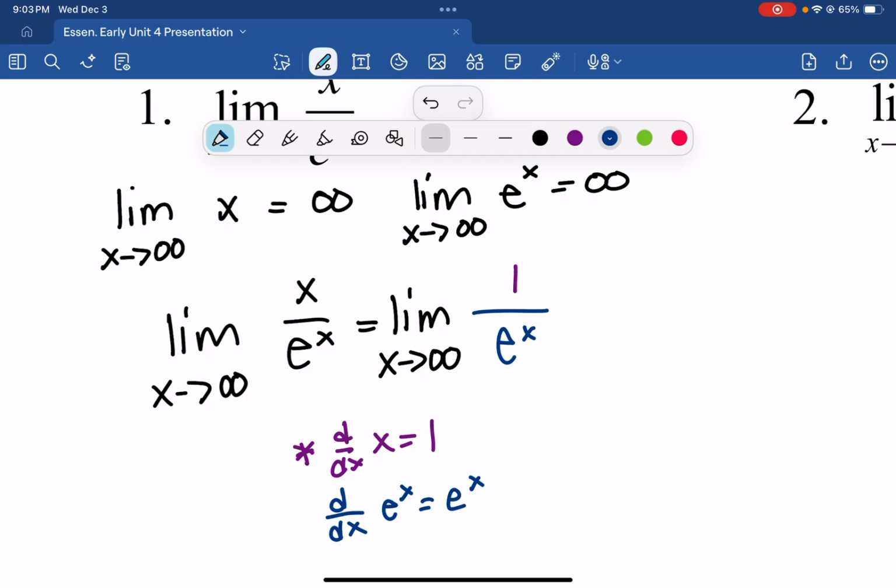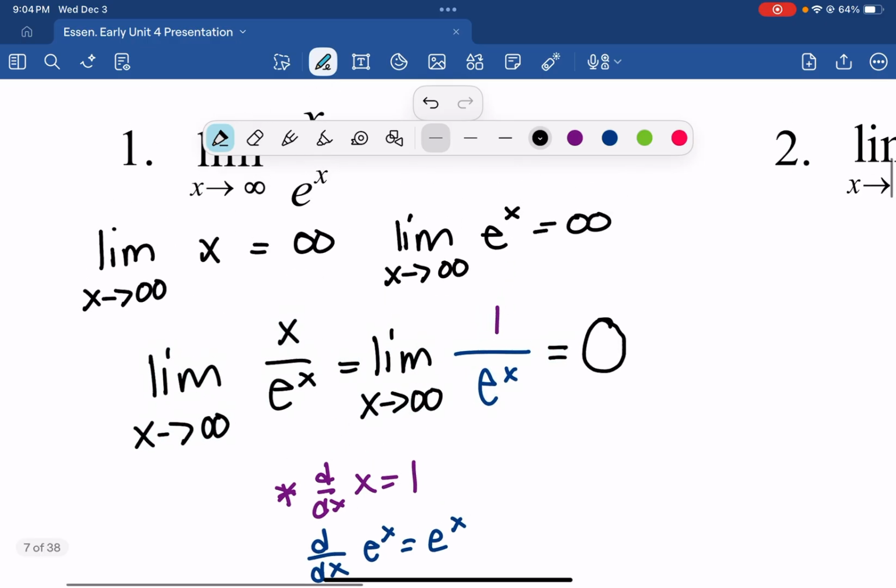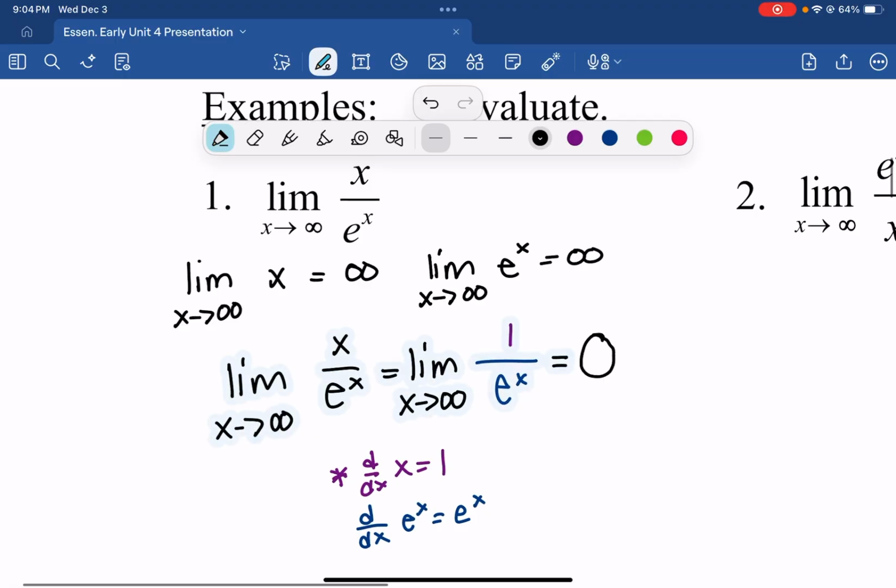So now we're going to look at the limit as x approaches infinity of 1 over e to the x. Okay, when I plug infinity into here, I get 1 over essentially infinity, which makes this a really small number. So as our function, x over e to the x, gets closer and closer to infinity, the closer that y value gets to 0.